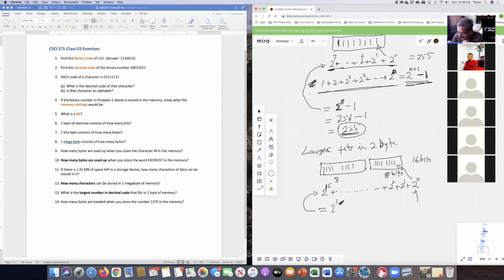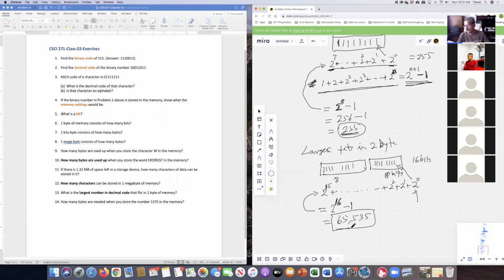That's right. So you have to use the calculator to simplify that, and it'll come up 65,536. After you subtract the 1, it'll be 65,535. This is the largest number that fits in 2 bytes of memory.